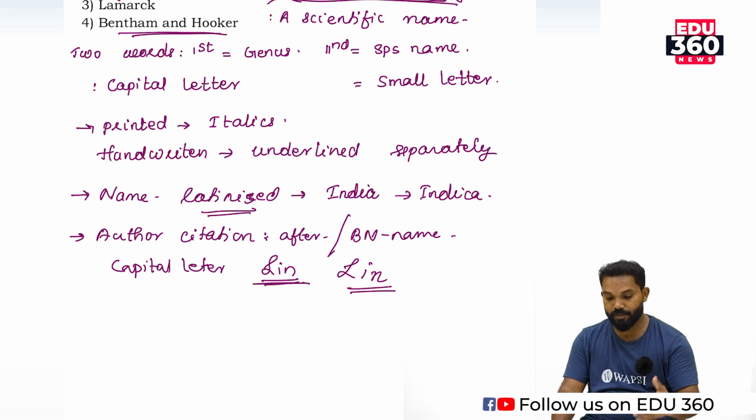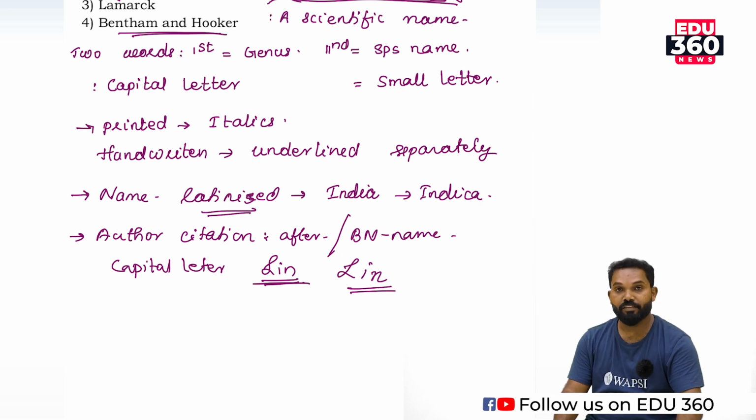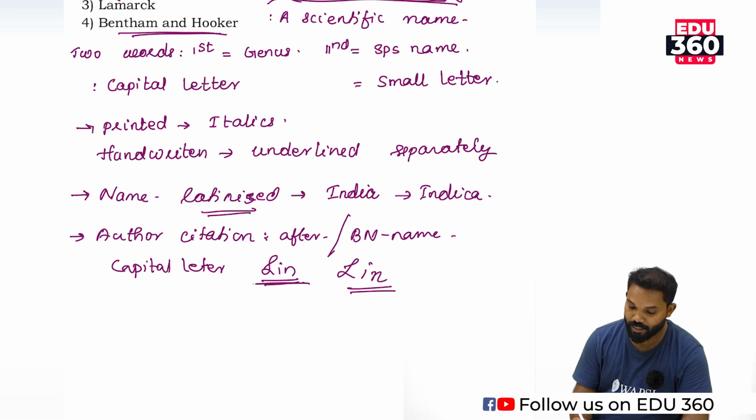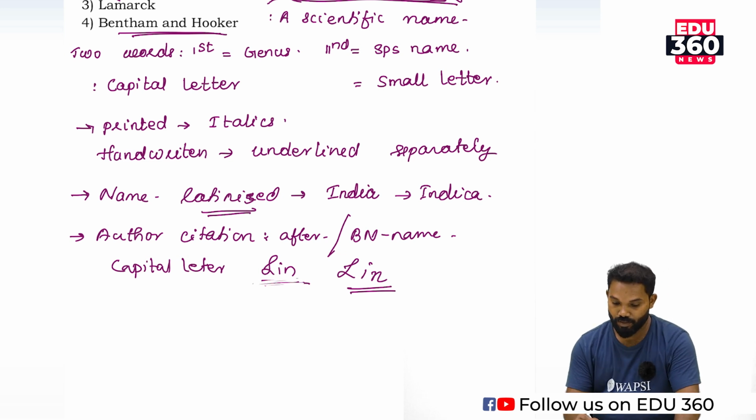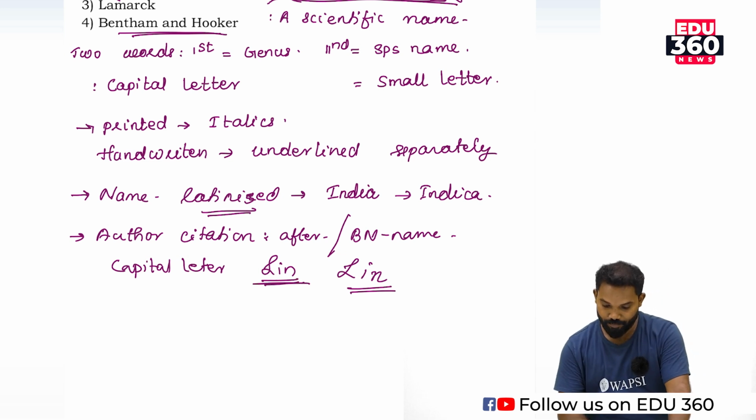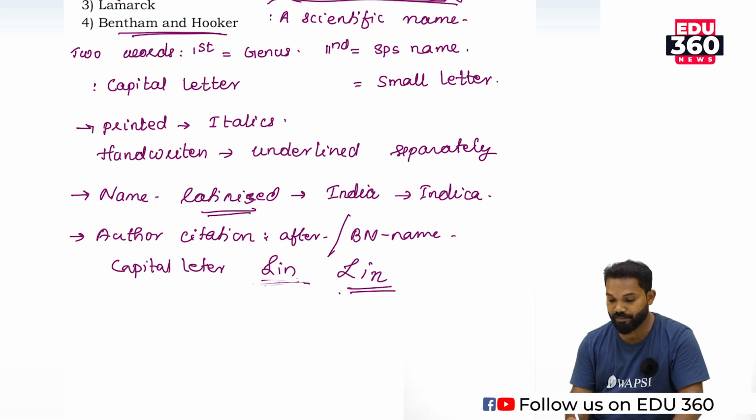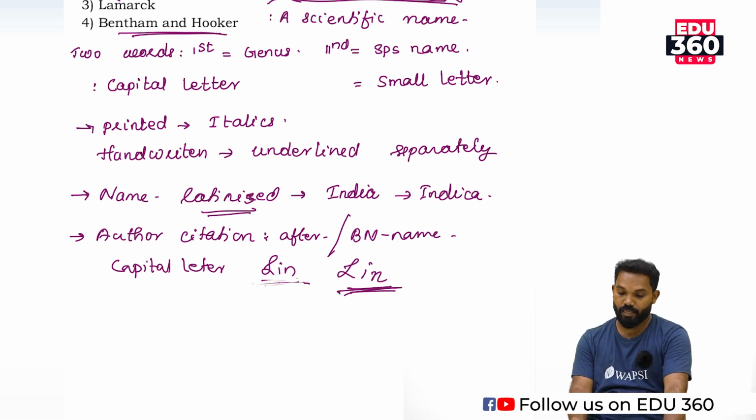That means after binomial nomenclature, there is an author citation which starts with a capital letter. So if the binomial nomenclature was given by Linnaeus, the abbreviation of Linnaeus is L, which starts with a capital L.